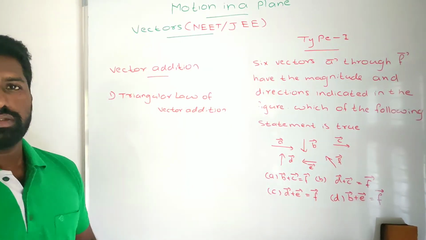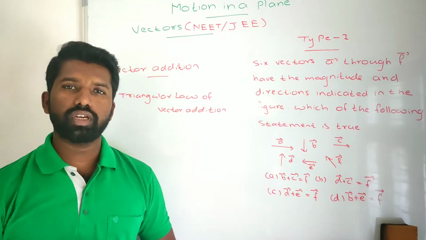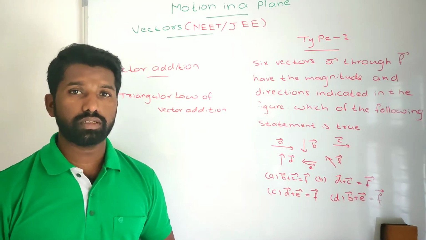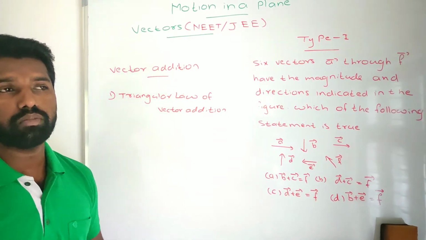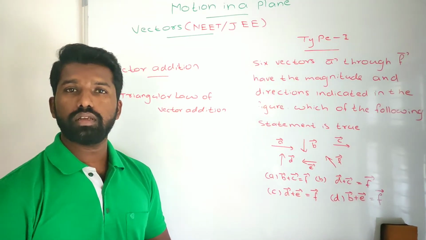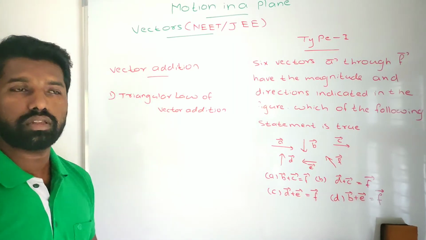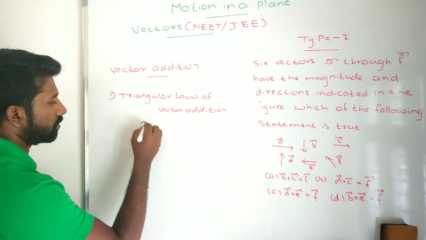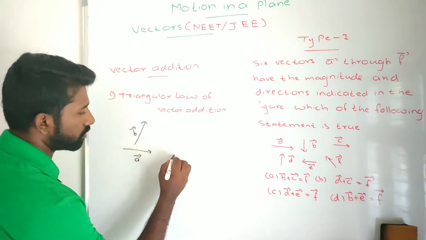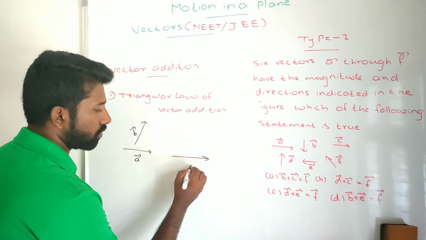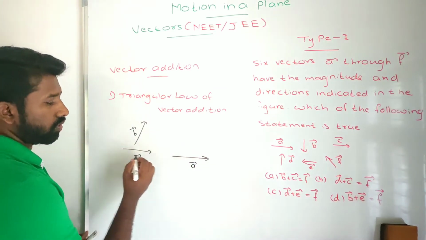The triangular law of vector addition says that if two vectors can be represented by the sides of a triangle taken in the same order, then the resultant is the third side of the triangle taken in the opposite order. That means if this is a B vector and this is an A vector, we can consider these two vectors as the sides of a triangle, but we have to draw them in the same order.